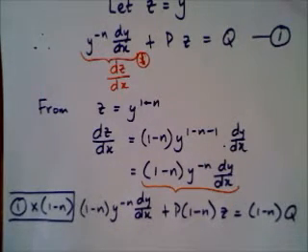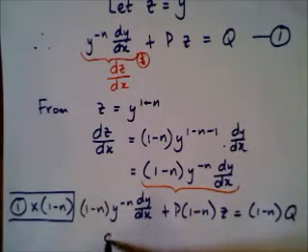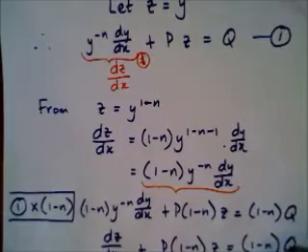So that means that your first term is the same as dz/dx. So you've got dz/dx, plus (1 minus n) times P z, equals (1 minus n) times Q.